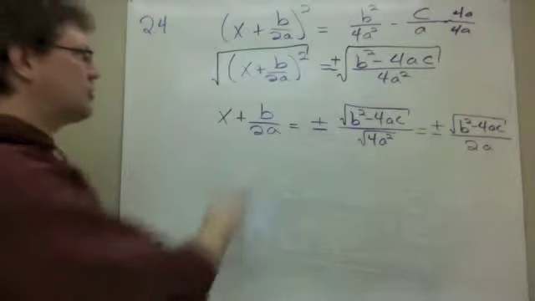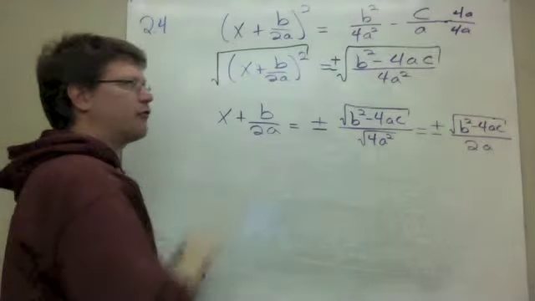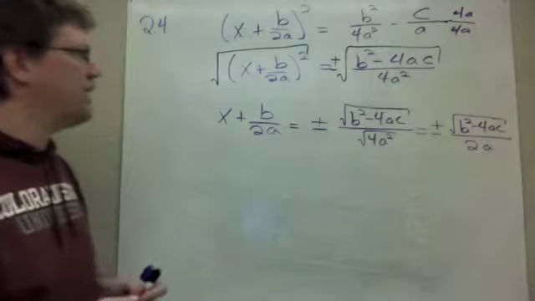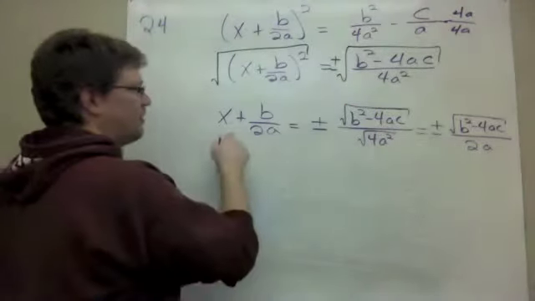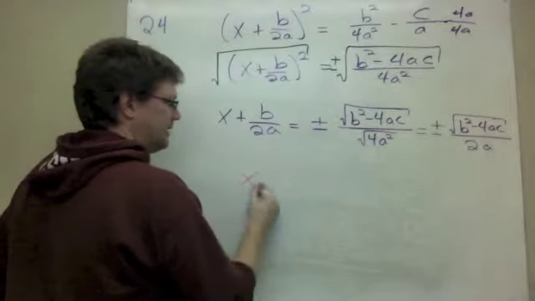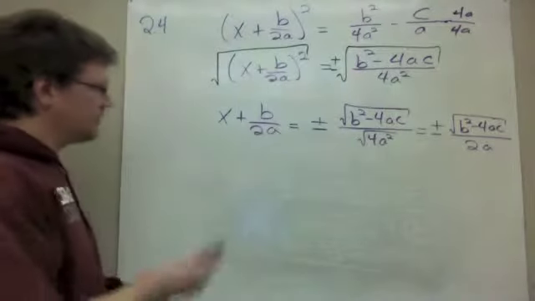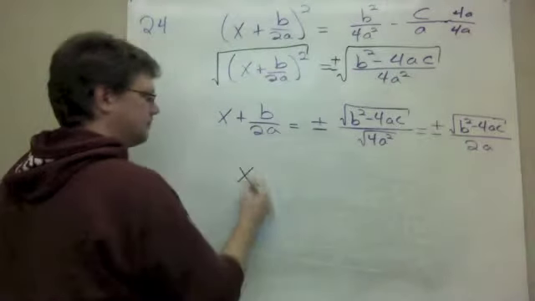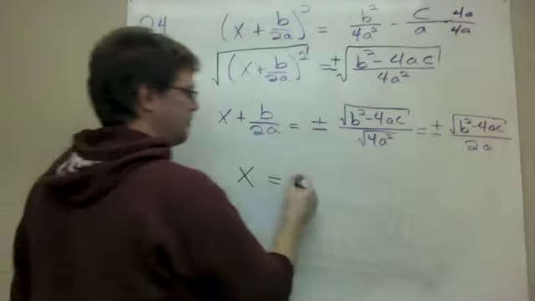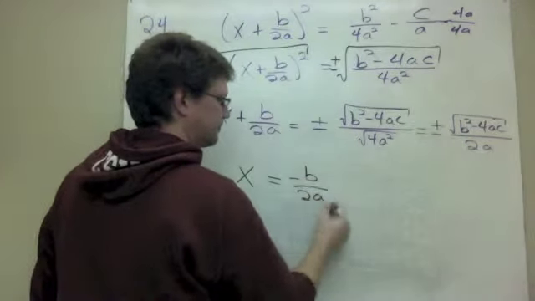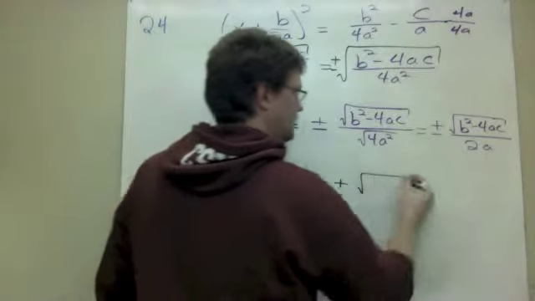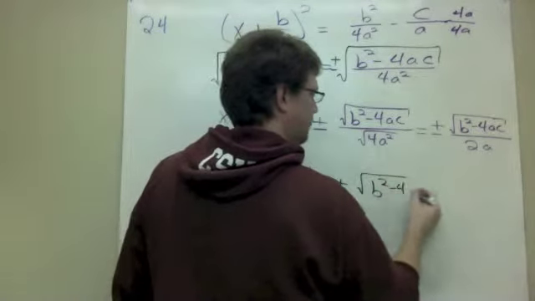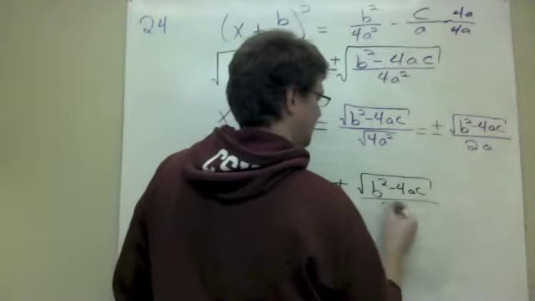So now if I subtract b over 2a from both sides of this equation, forgetting what's in the middle here, I'm going to be left with x on this side. Again, let's not use the red because that's hard to see. Use black. So we're going to get minus b over 2a plus or minus the square root of b squared minus 4ac over 2a.